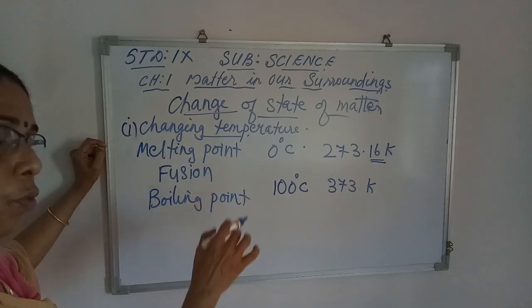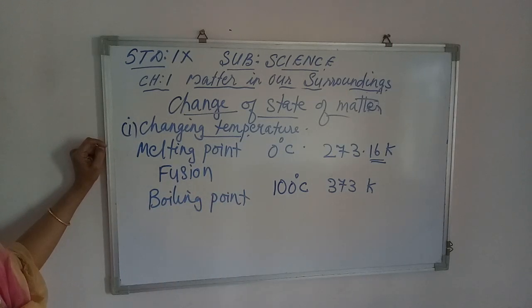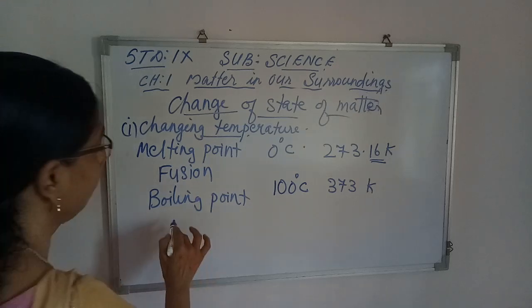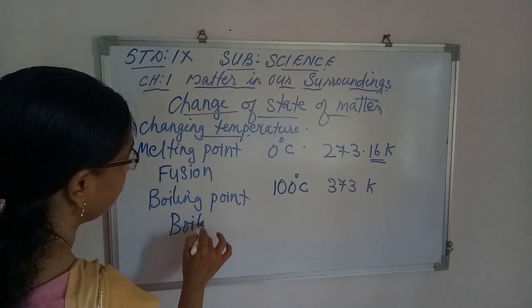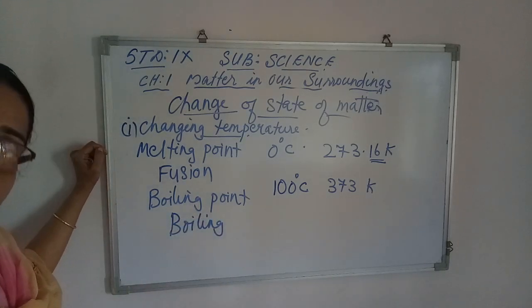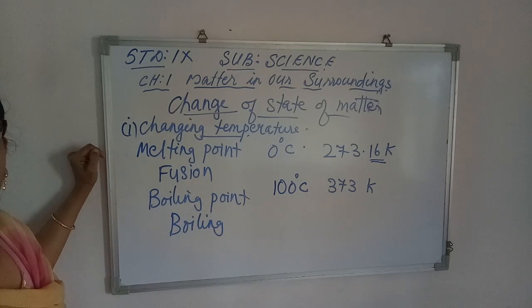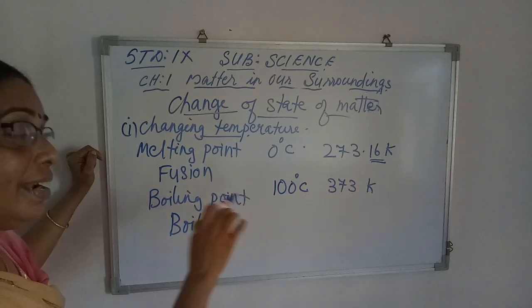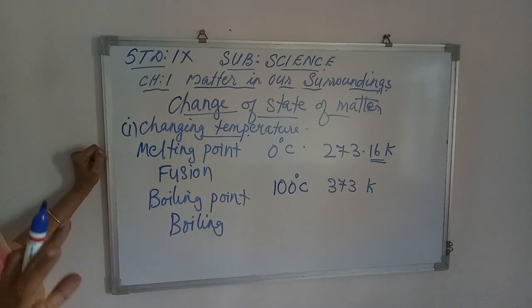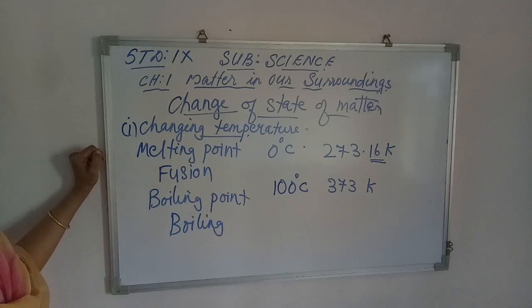So the boiling point of water is 100 degree Celsius, and this phenomenon is called boiling. Again you note the temperature, and the temperature remains at 100 degrees Celsius until all the water gets converted to gas or water vapor.